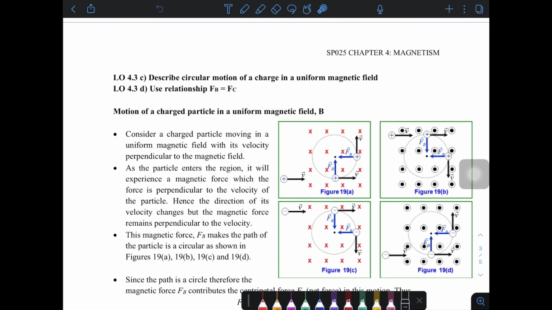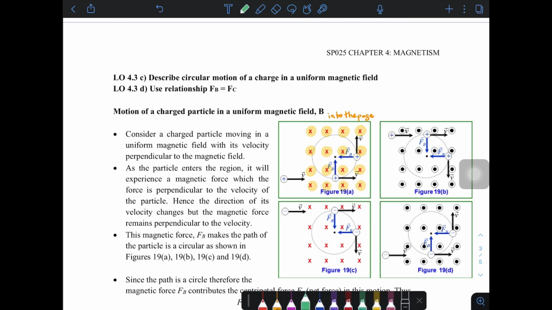Motion of a charged particle in a uniform magnetic field B. Macam mana terjadi? Consider you have a charged particle moving in a uniform magnetic field with its velocity perpendicular to the magnetic field. Now we have two cases for magnetic field. The first one, dia into the page. Into the page maksudnya dia punya simbol untuk B ialah X. This X maksudnya magnetic field saya into the page.